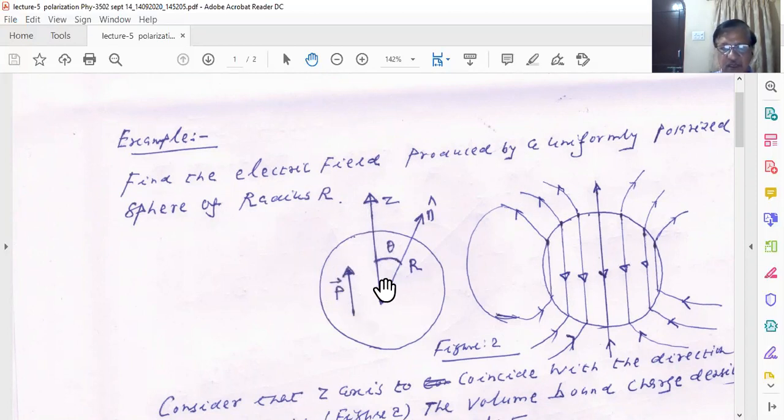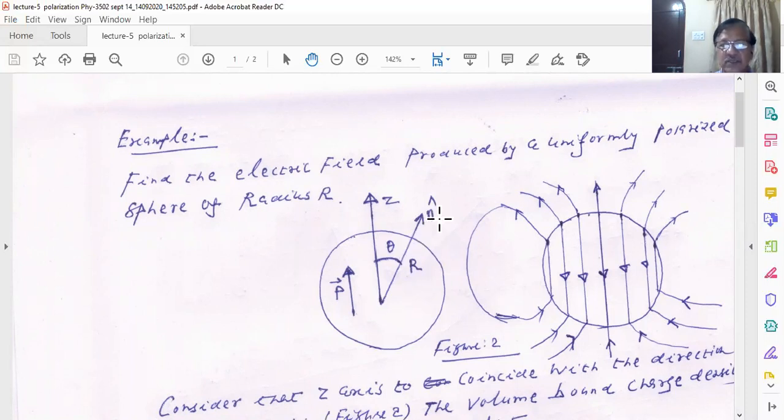So we have a sphere and we align vector P, the polarization vector, along the direction of the z axis. This is the polar axis. We have a radius vector r, which is measured from the center, and a unit vector in the direction of the radius vector r.